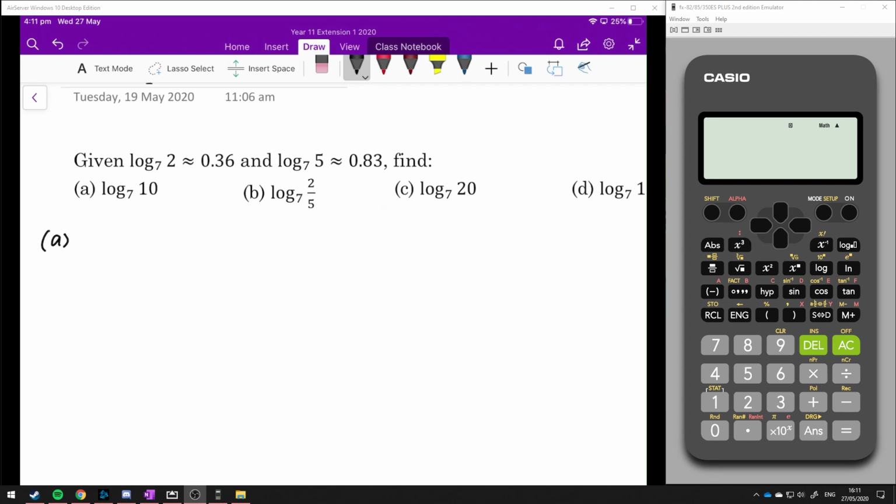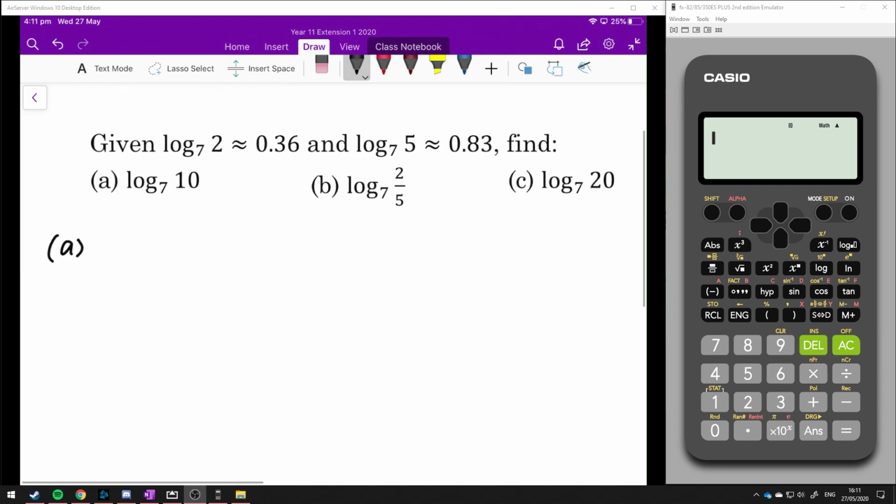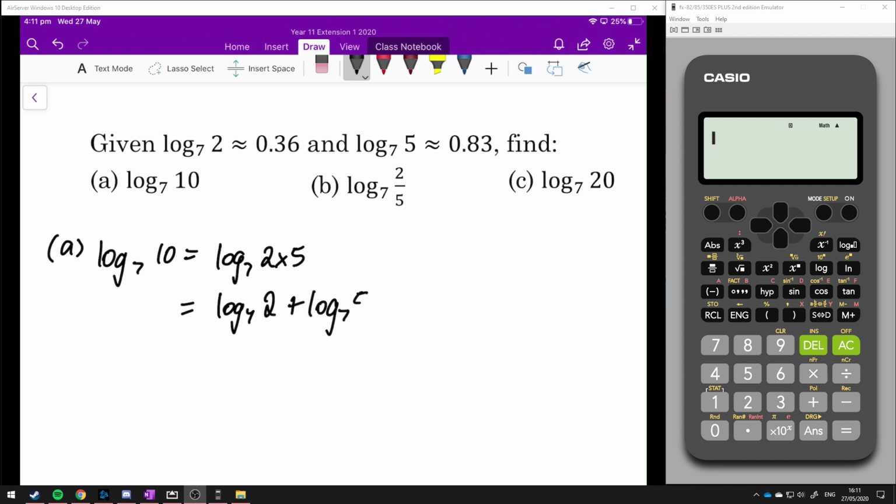So if we look at part A, we've got log 7 of 10. Now log 7 of 10 is the same as writing log 7 of 2 times 5. And we know using our log laws that this is the same as log 7 of 2 plus log 7 of 5. Now we know log 7 of 2 is approximately equal to 0.36, so there should be an approximately symbol here.